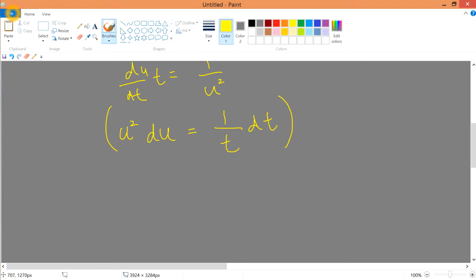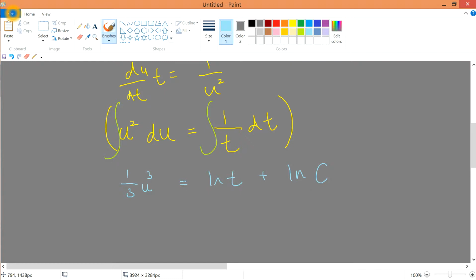Now, when you see du and dt behind all these terms, you know straight away you require integration. And when you integrate, you would have 1/3 u cubed is equal to ln t plus ln c, where c is some arbitrary constant. You can just write c, but in a neater way, we recommend that you write ln c.